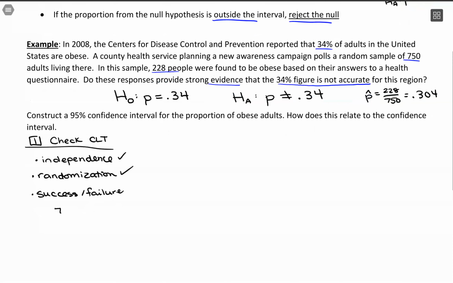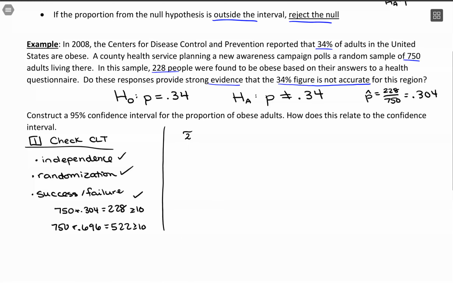And then success-failure: 750 times 0.304 should be that 228, and 750 times 1 minus that value, which is 0.696, should come out to be, typing into the calculator, 522. Both are definitely greater than or equal to 10, so we're all good there.